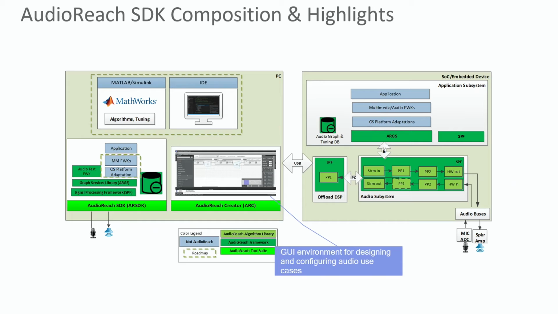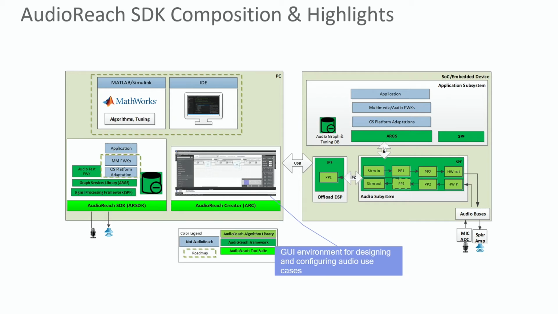First, one of the key components is AudioReach Creator. Today, if you want to download AudioReach Creator, it's actually called the Qualcomm Audio Calibration Tool. But eventually I would like to rename it to a more neutral name, without Qualcomm as part of the name.